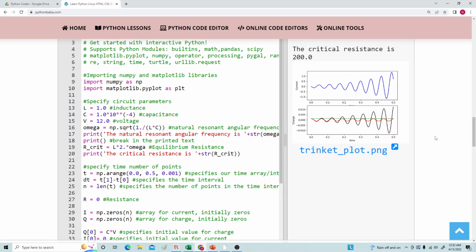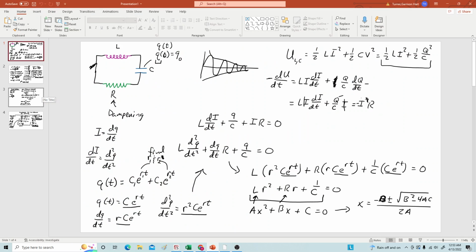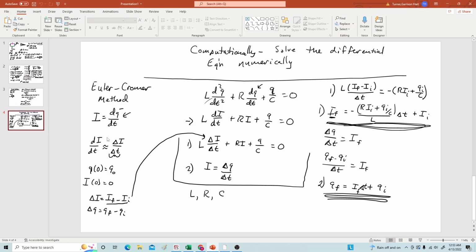When you have a two-dimensional differential equation, using the previous values in your original derivative function, and in this case, when I say derivative function, what I mean is using this function, right? So I is equal to the derivative of charge over time, and I use this function to calculate the final charge.